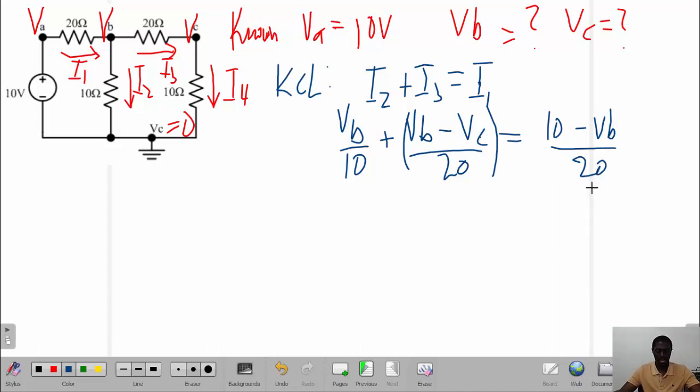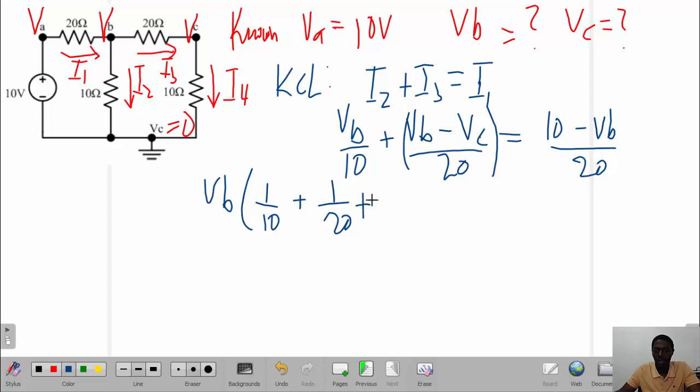So having done that, we could simplify this solution. We know we've got VB here, which is a positive value as well, and then when you take this over the equal sign, that becomes also VB. And if we simplify that, we have VB times 1 over 10 plus 1 over 20, and that crosses over the equal sign.